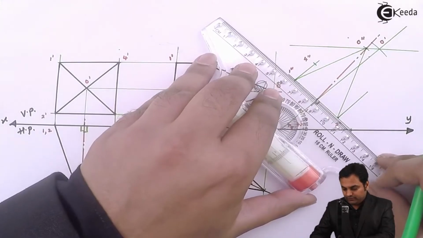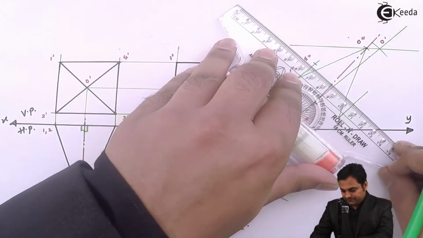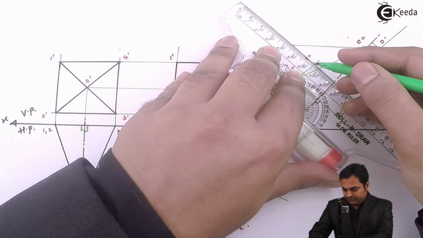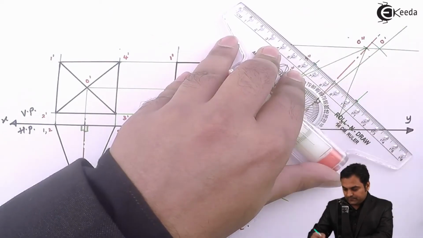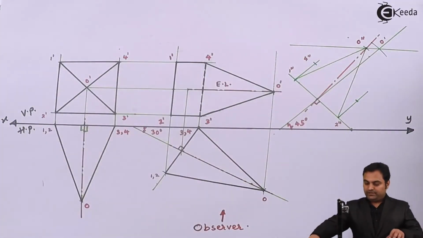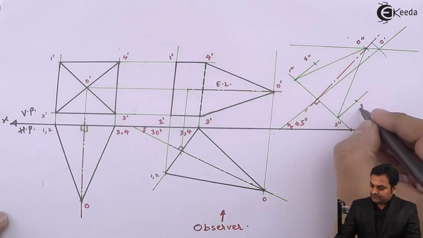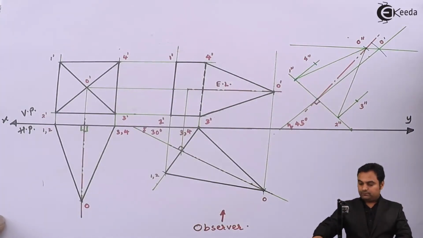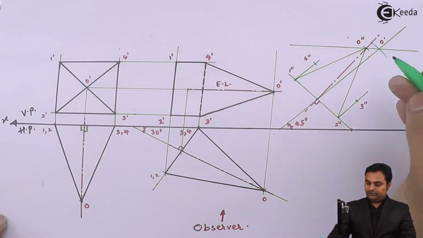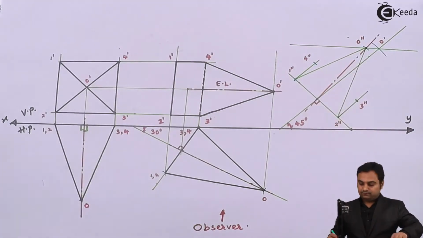Then from point 4 I will be projecting it. So this point, which is 4 double dash, I'll take it here. So that gives me point 3 double dash, joining it to O double dash.